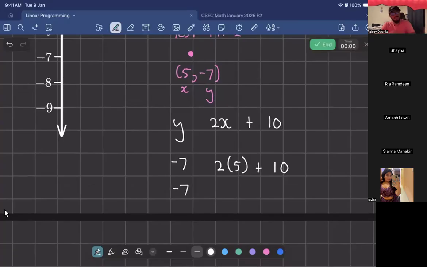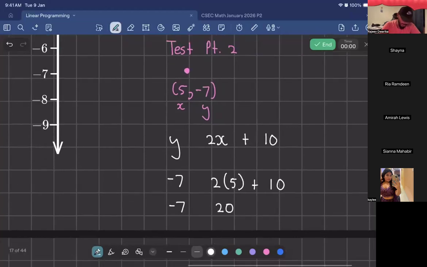What is 2 by 5? 2 by 5 is 10. 10 plus 10 is 20. Aha, 20. So Max, is minus 7 less than 20, or is minus 7 more than 20? It's less than 20. So I'm gonna put the less than now.